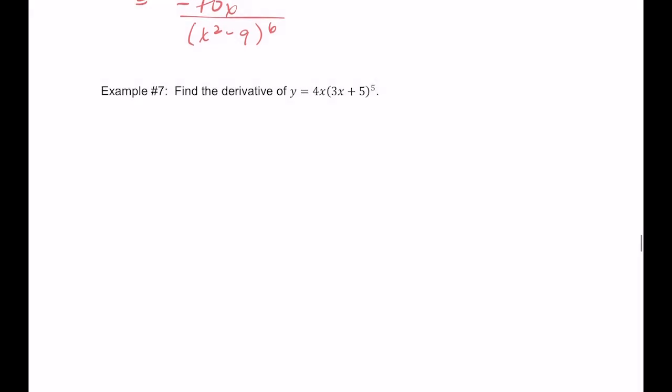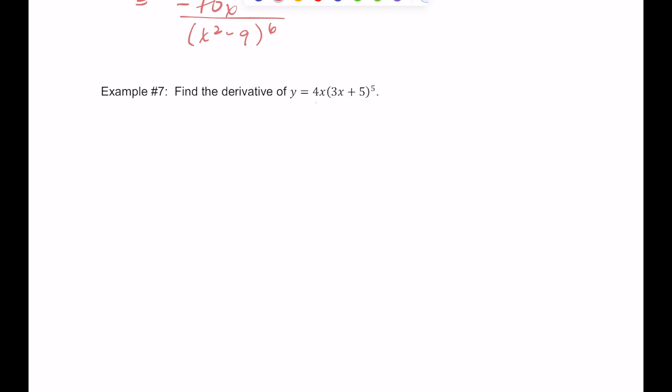Let's look at another one. So what do you notice about this problem compared to the other problems? This problem is made up of basically two separate pieces. You've got a 4x, and then you have this other piece, 3x plus 5 to the 5th.